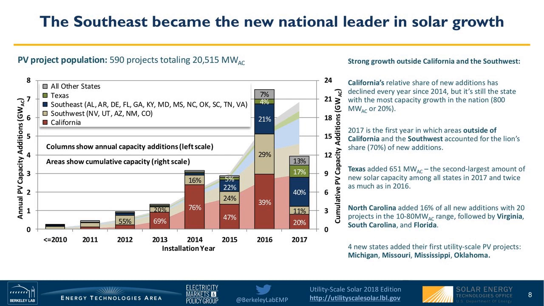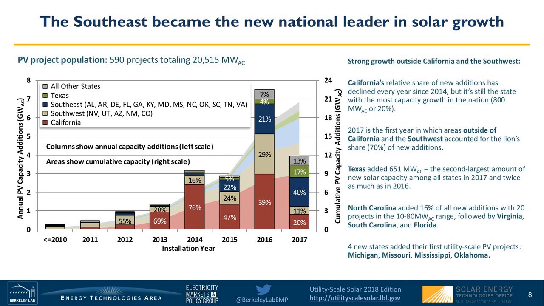So more and more projects have been built out outside of the traditional strongholds of California and then later on the Southwest, so that in 2017, California only accounted for 20% of all projects. However, among all the states, no other state has built out more capacity than California in the year 2017.